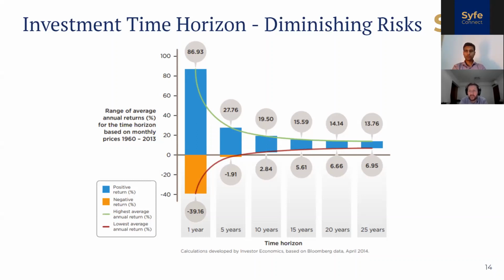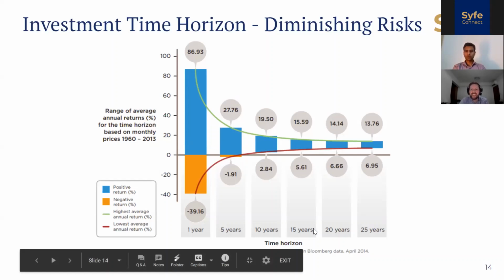positive growth. So what this means is the chances of a negative return actually get significantly diminished. They get eradicated beyond 10 years, and even kind of turn positive between 5 and 10 years.